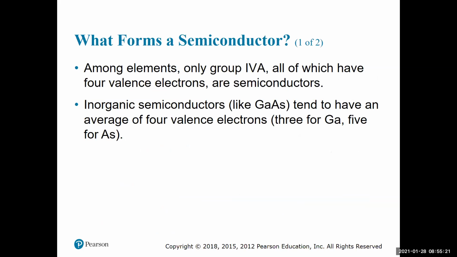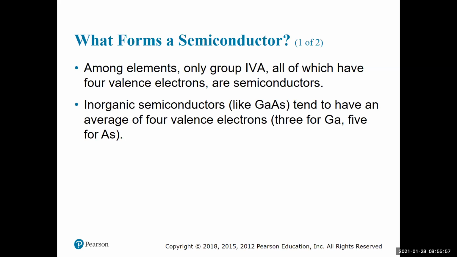One of the key things about the 4A group, if you recall, if we think about where they are in the periodic table, that's that 4A column, we have 4 valence electrons. And that tends to be a pretty common thing in order for this to happen: you have 4 valence electrons involved. What you'll see is that there are a combination of elements that people use to make these semiconductors also. And then you start getting away and having some additional elements, not just the 4A.